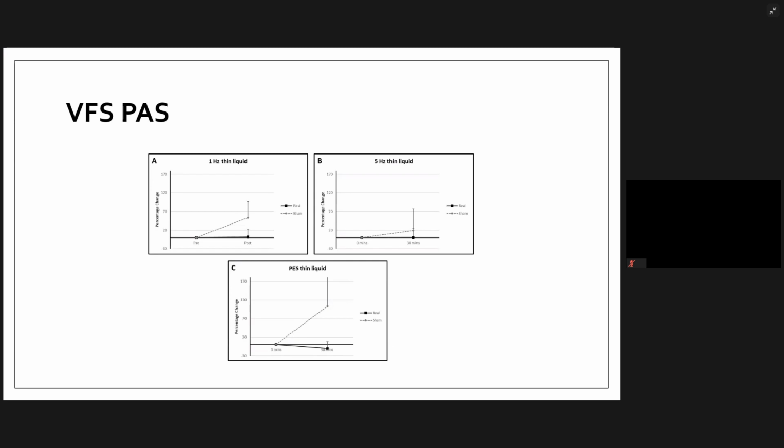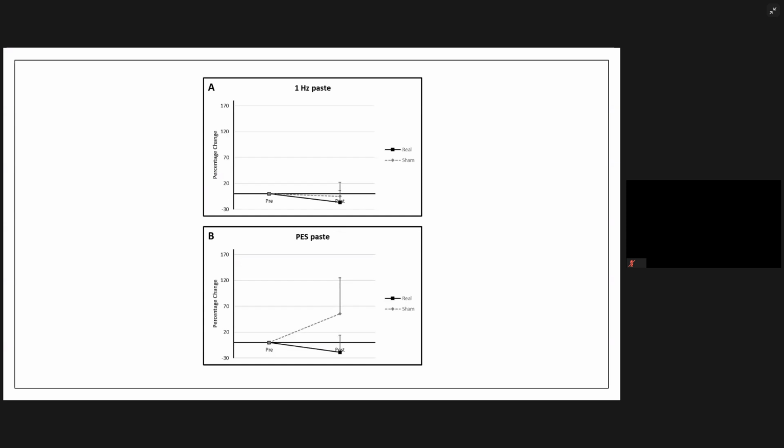between the sham and active treatment arms for each intervention. As you can see over here for thin fluids, following sham stimulation, participants had higher or worse penetration aspiration scores than following real stimulation.